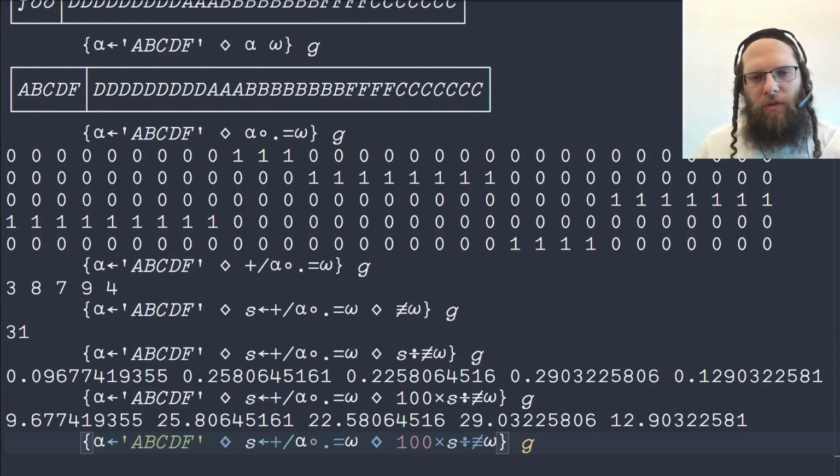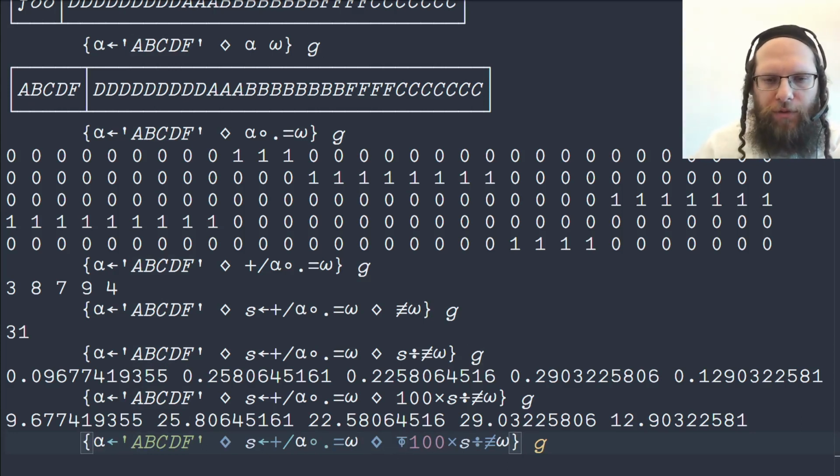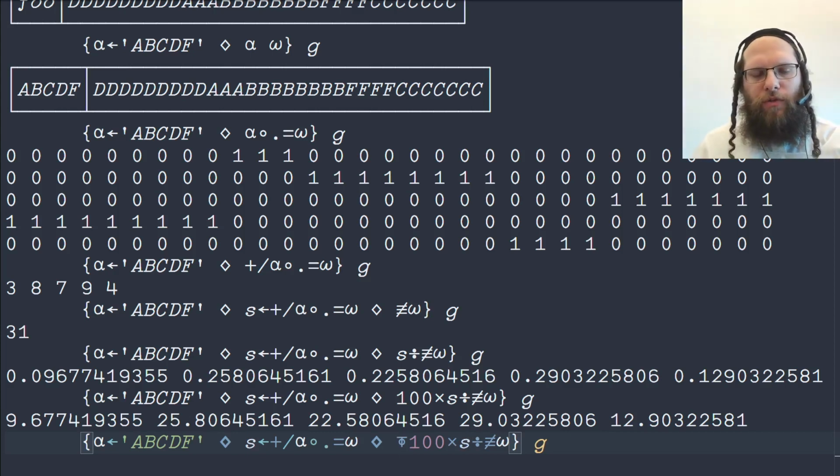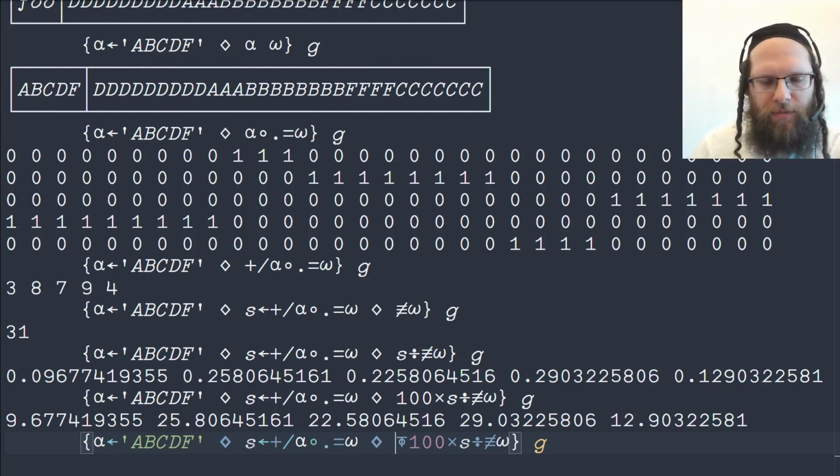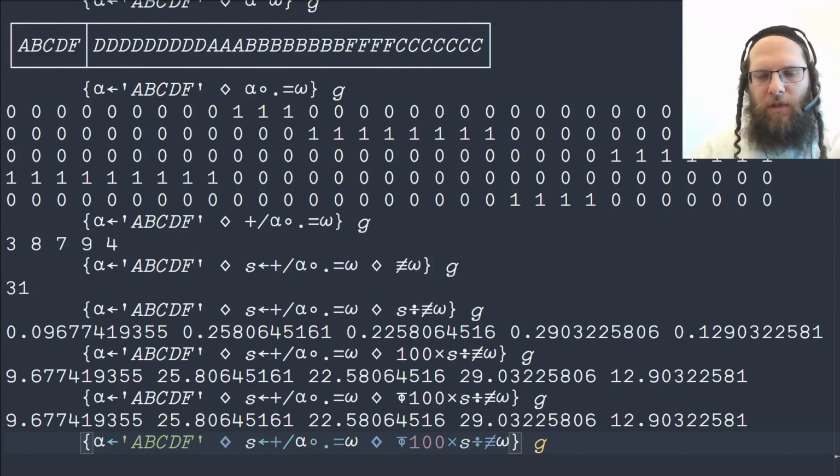Here's a neat way to do it, but maybe not the best. We'll fix that later. We can use the format function, which converts numbers into characters. So this becomes one giant character vector with digits. You won't be able to see a difference because it has the same textual representation. However, we can give it a left argument, which is exactly the number of decimals. If you were using a negative left argument, it would be the number of significant digits.